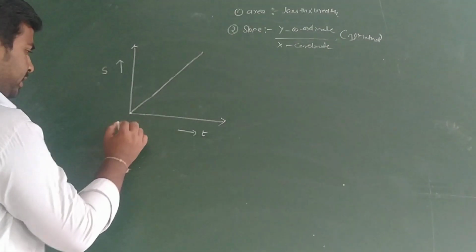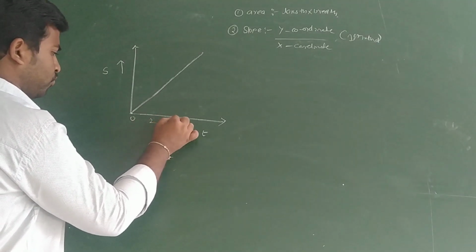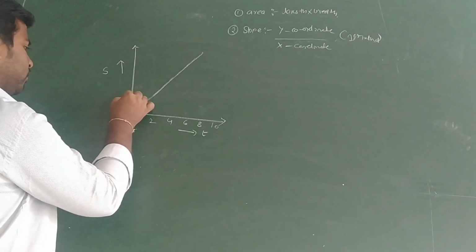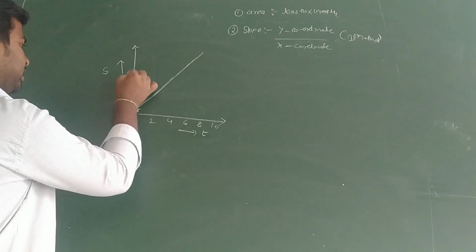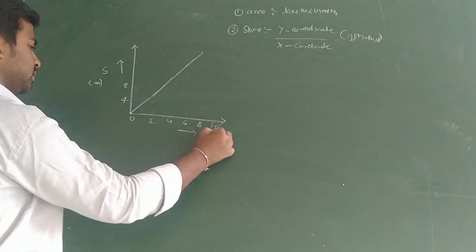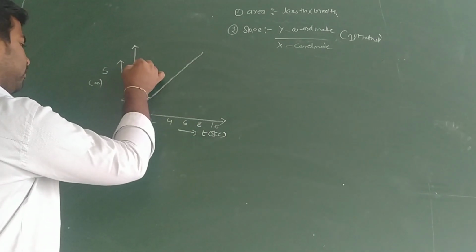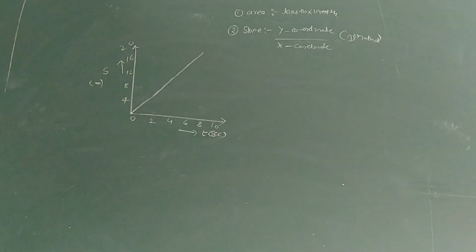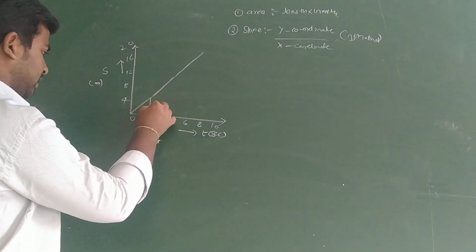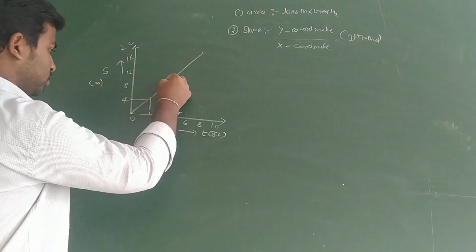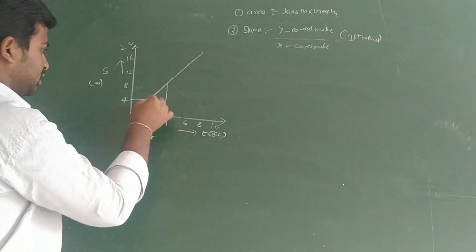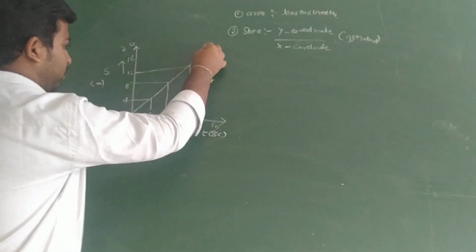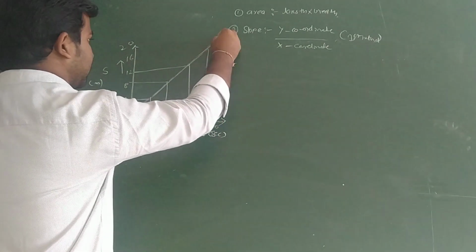For example, here 0, 2, 4, 6, 8, 10 seconds, and here 4 meter, 8 meter, 12, 16, 20. See, for 2 seconds, what is the displacement? 4 meter. For 4 seconds, what is the displacement? 8. For 6 seconds, what is the displacement? 12. And so on, for 10 seconds, 20.